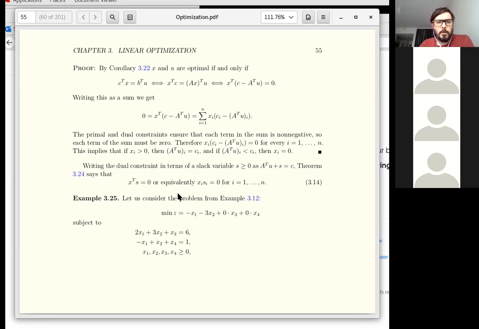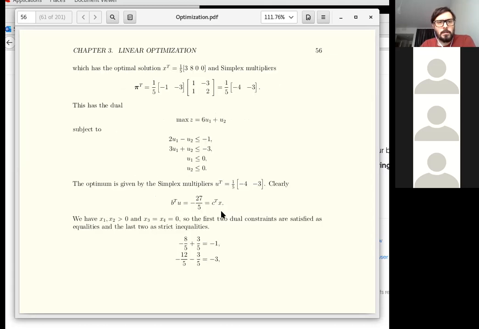We have the problem from example 3.12, which we already looked at. So we have these constraints given here. They were given by introducing these slack variables x3 and x4. These are all positive, so there's a matrix there. And it has this optimal solution and then the simplex multipliers and so forth.